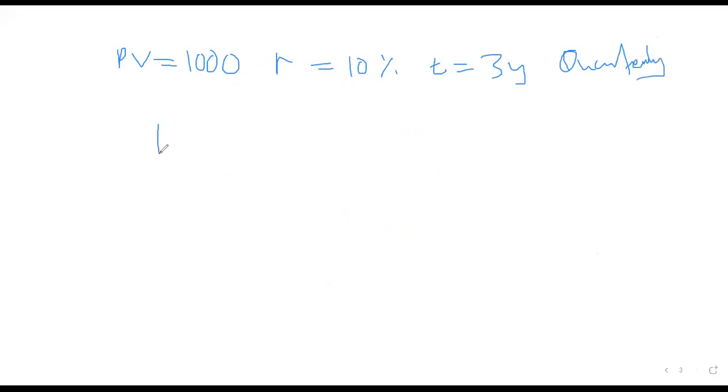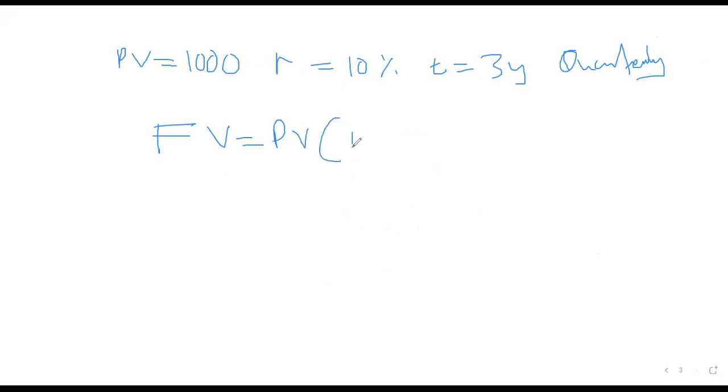Could somebody tell me, with the same present value of 1,000 and the interest rate of 10%, after 3 years and compounded quarterly, what formula are we going to use? Future value is equal to what?